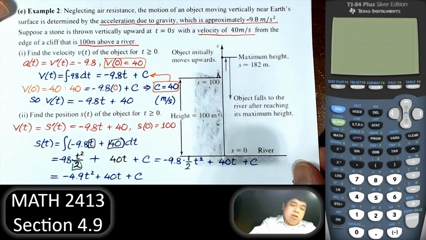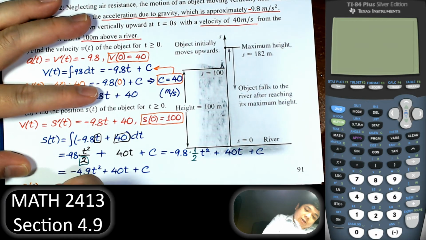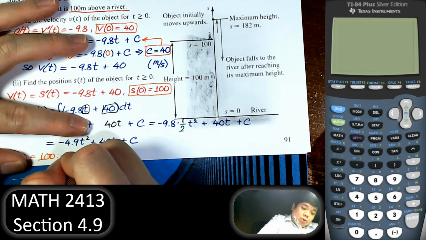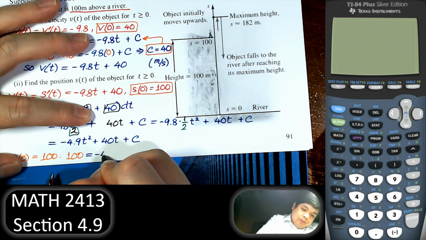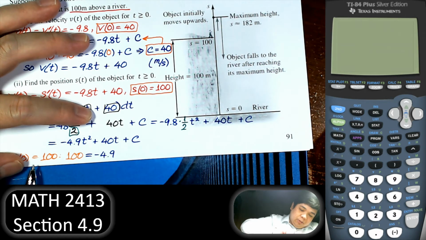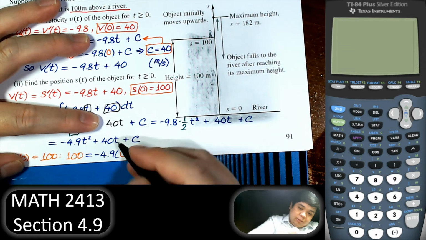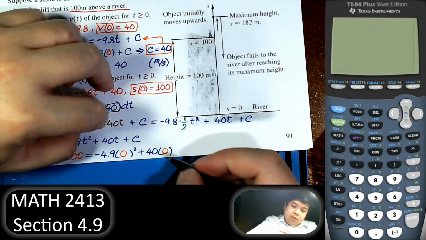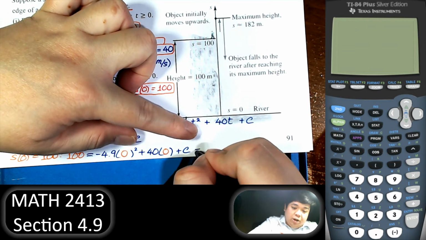Now the initial condition, s of 0 equal to 100. Meaning that the function value is equal to 100 where t equal to 0. Right, that 0 cancels out, we just have c equal to 100.